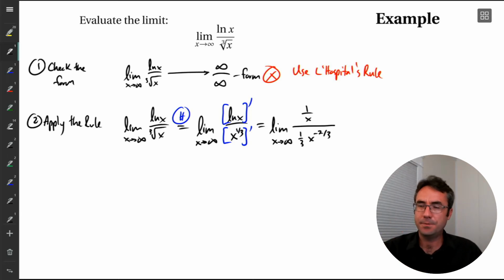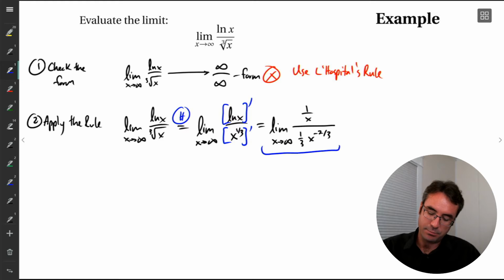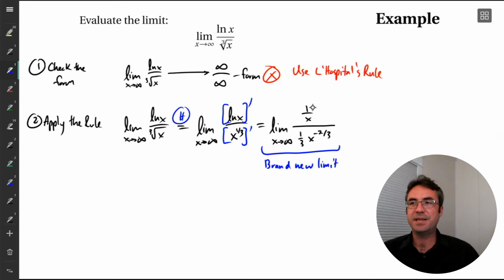All right, so there is our brand new limit here. It's a brand new limit. And before we go any further, you can see here we have fractions, we have negative exponents, we have multiple fractions. You want to try to simplify this if you can.